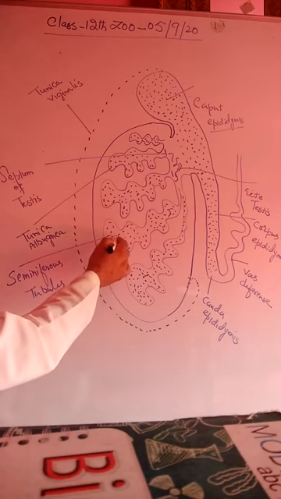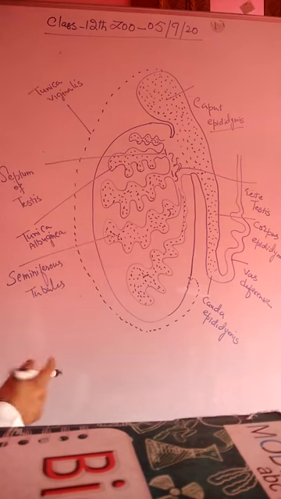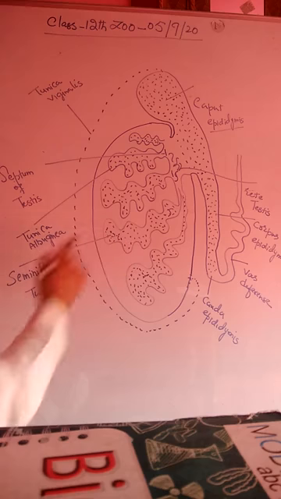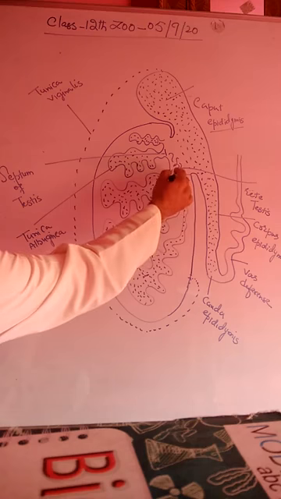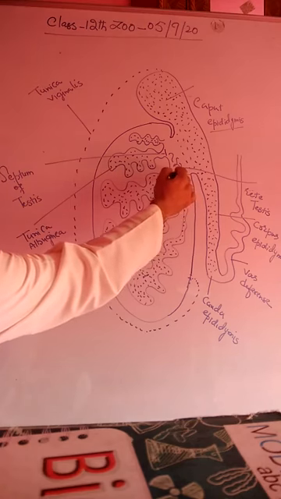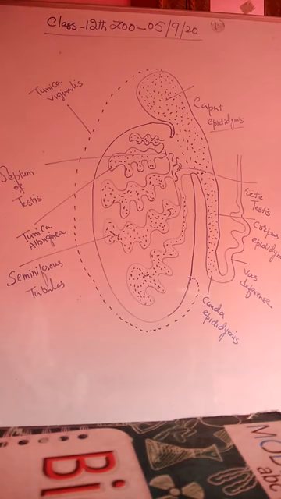These are the seminiferous tubules present in the testes. These seminiferous tubules, on the inner side, become straight, called tubuli recti, and open into a network of tubules called rete testes. These form the rete testes here, which connect outside in the form of a tubule.